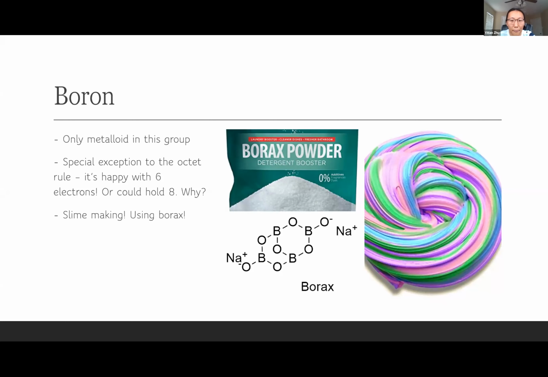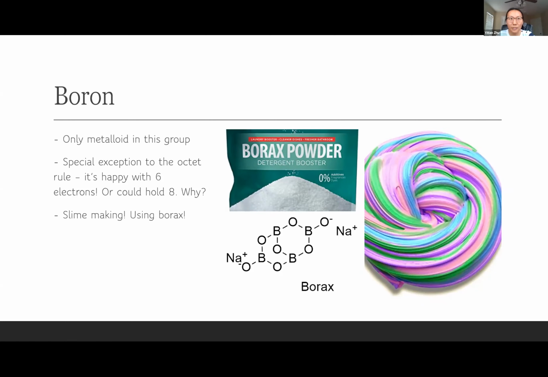If you look at the chemical structure of borax right there, you can see that each boron is making 3 bonds to another atom. And in each bond, there are 2 electrons, so that's 6. But when you make slime using borax, the polymers in the glue start bonding to the borax.